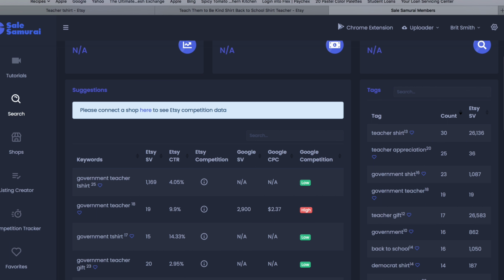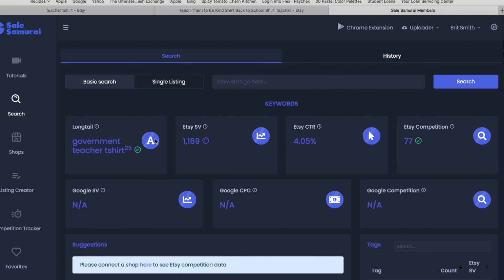You could use those ones, and you're going to want to use your best ranking keywords first. So even if it looks a little silly, if it says t-shirt government teacher, something silly, you're still going to want to use that in the very beginning. The first keywords that you have in your title are going to essentially be the keywords that Etsy is going to be focusing on.